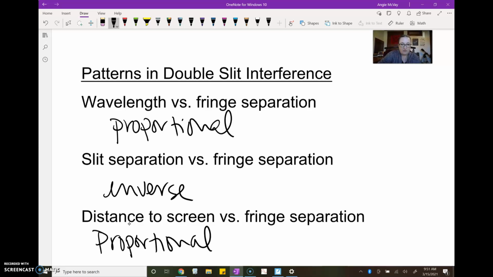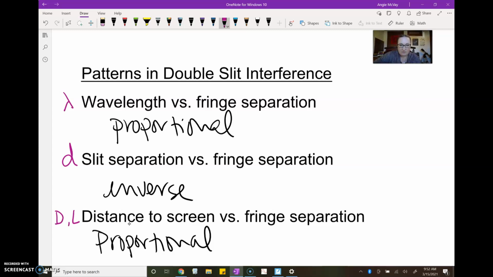Okay, so let us name some abbreviations again. So remember, wavelength is lambda, slit separation is lowercase d, distance to the screen, in the activity, it used L, capital L. Sometimes in some resources, capital D is used.